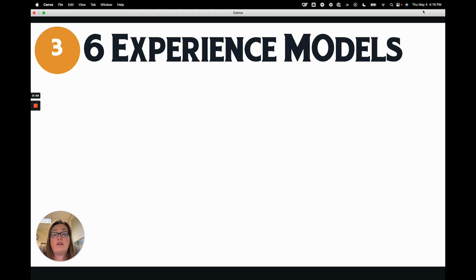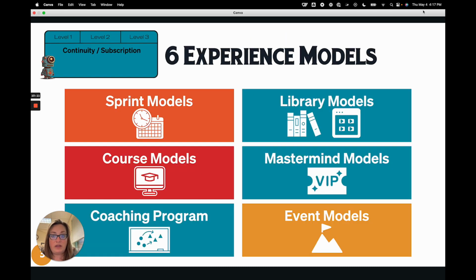They were also across all different types of entrepreneurs: male, female, coaches, course creators, SaaS owners, big, small, high price point, low price point. They were talking about an info product or a service they provided, or some product that they wanted people to adopt. It ran the entire range. But of all of that, there were clearly 6 experience models that emerged. And those 6 experience models are these.